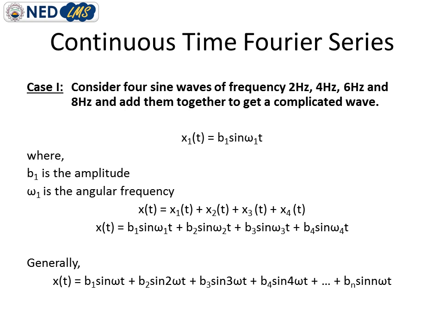So if we are going to express one waveform or one signal which is of 2 Hz mathematically, then the expression written on the slide can be used. x1 of t is denoting the first signal, and it comprises the amplitude b1 and sine omega 1t.